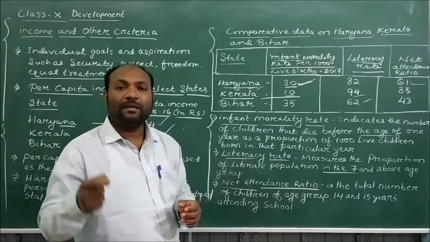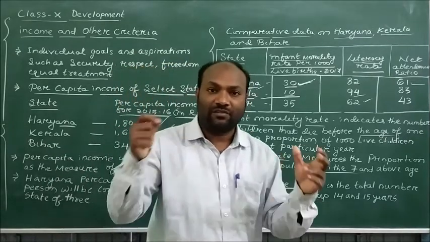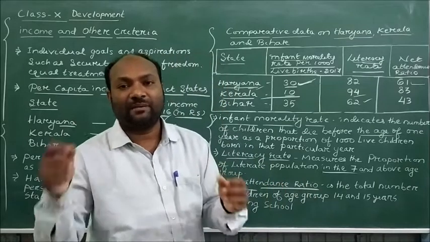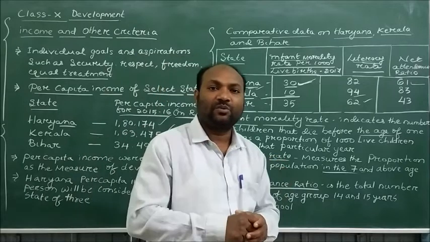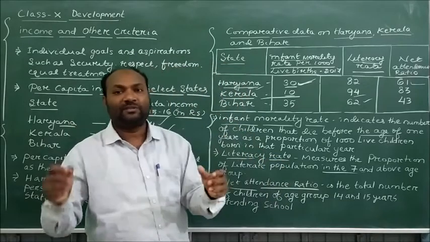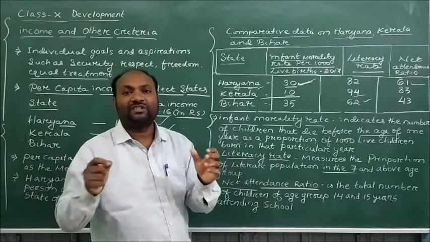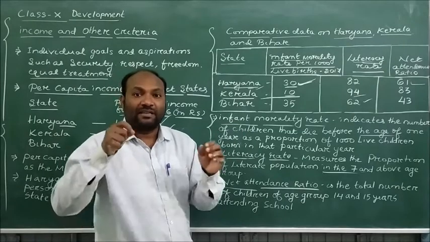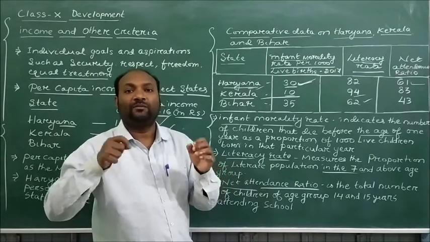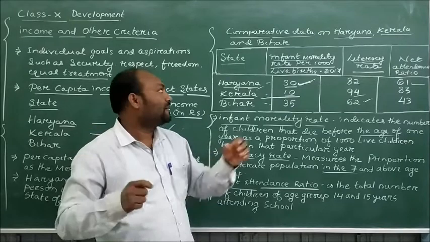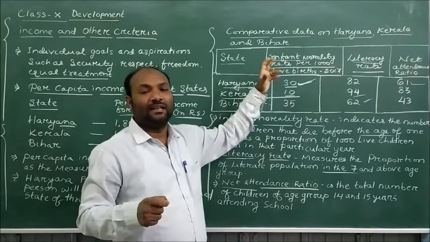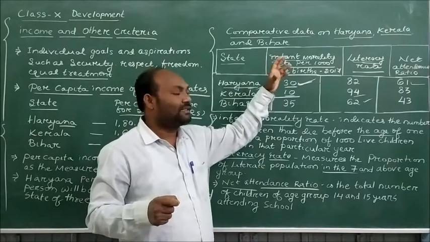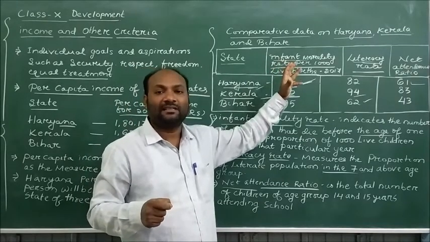Due to that, the people have awareness in society, so they give importance to health facilities, to education, and to school going children. That is why Kerala is more developed when we consider the infant mortality rate, the literacy rate, and the net attendance ratio.